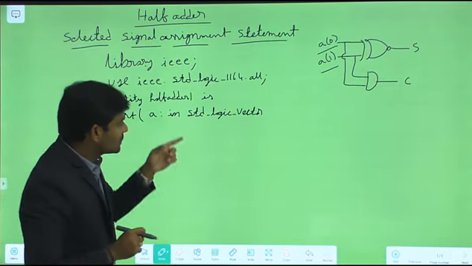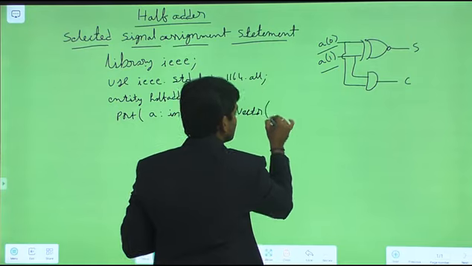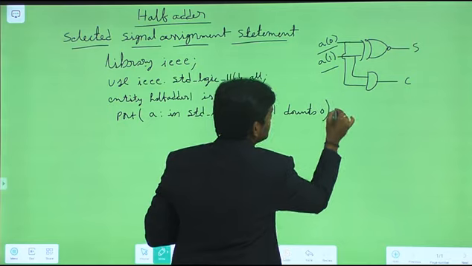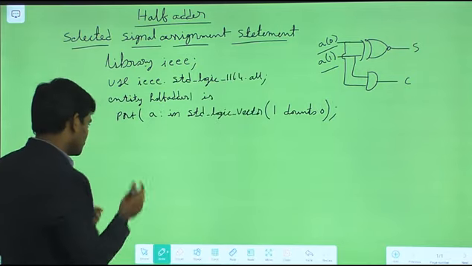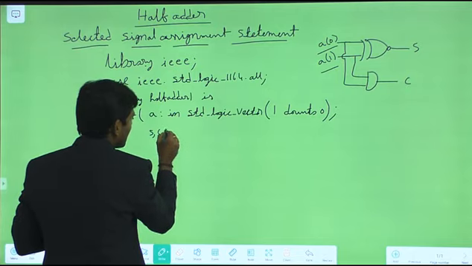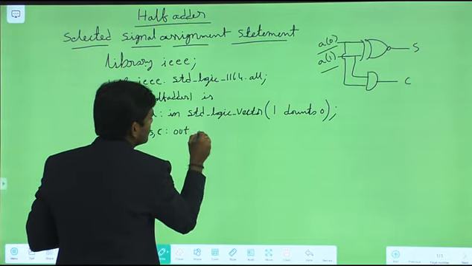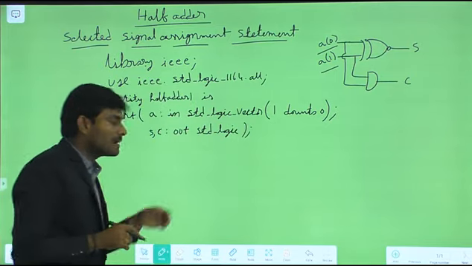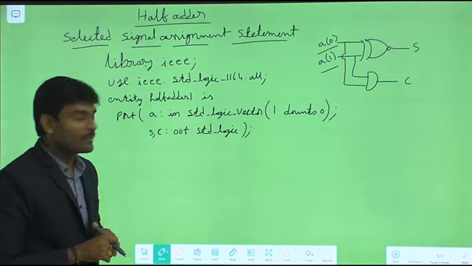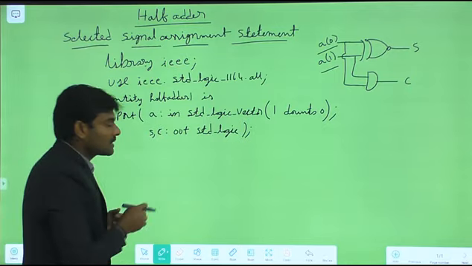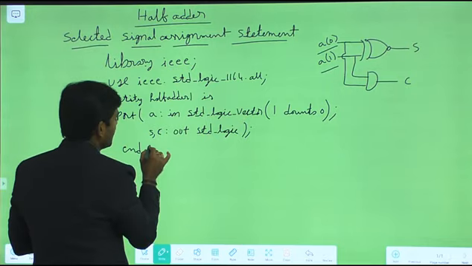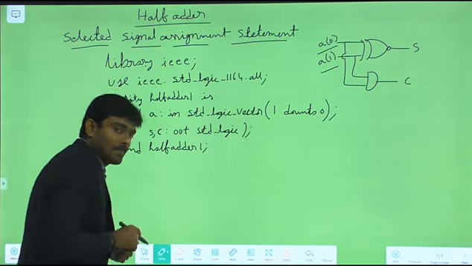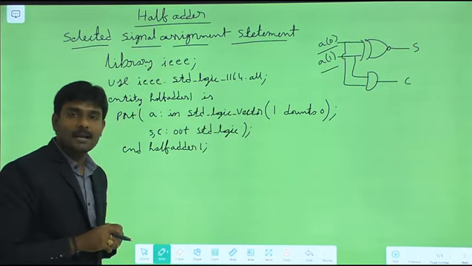A is an array consisting of 2 elements, so we mention 1 down to 0. Then the outputs, sum and carry: mode is out, single bits, so std_logic. After closing the parenthesis, a semicolon. Then we close the entity with the entity name half adder 1. So that is the entity declaration part.